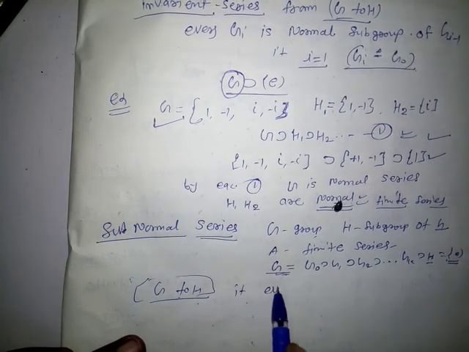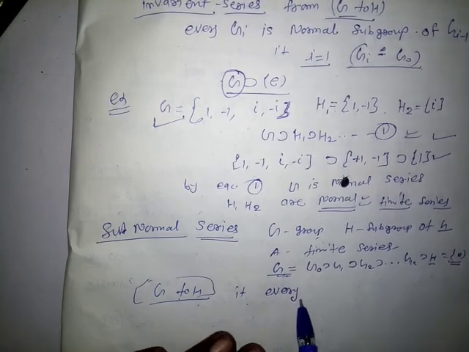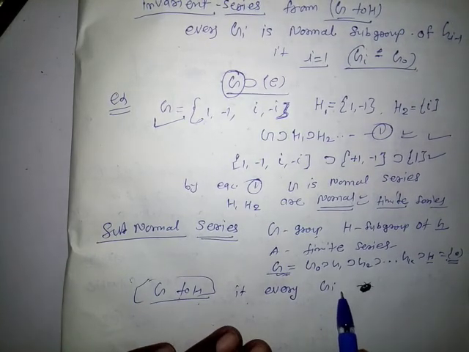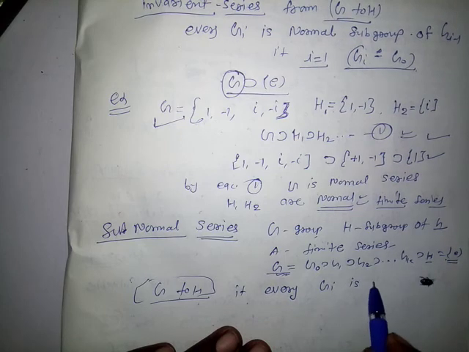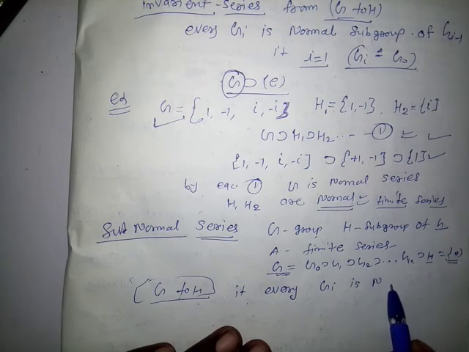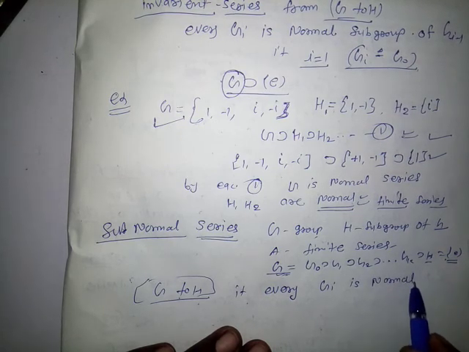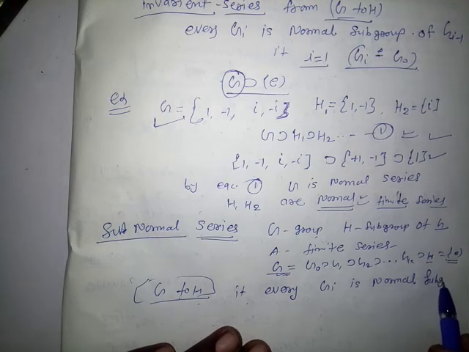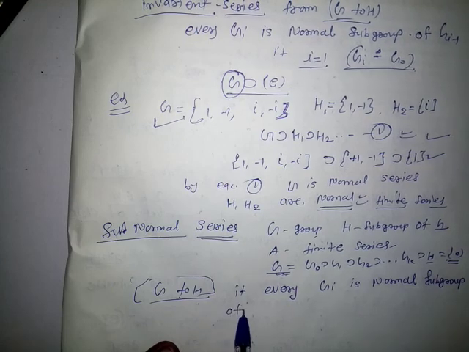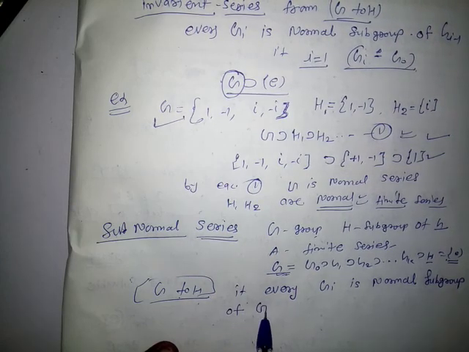if every Gi is a normal subgroup of Gi minus 1.